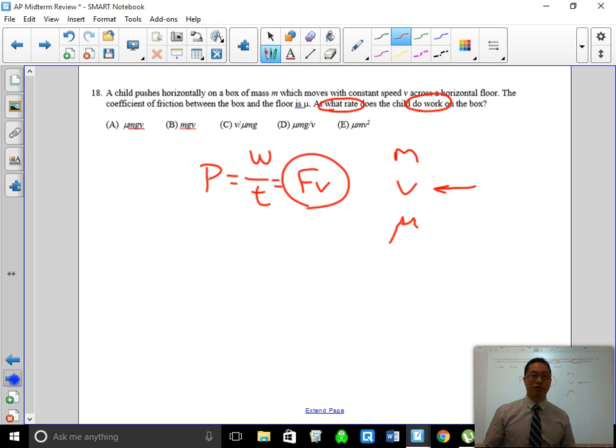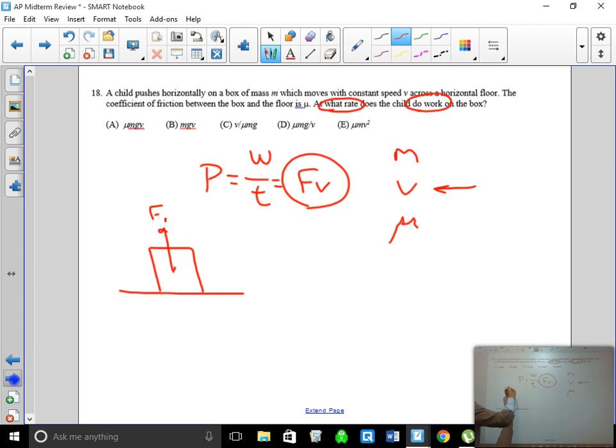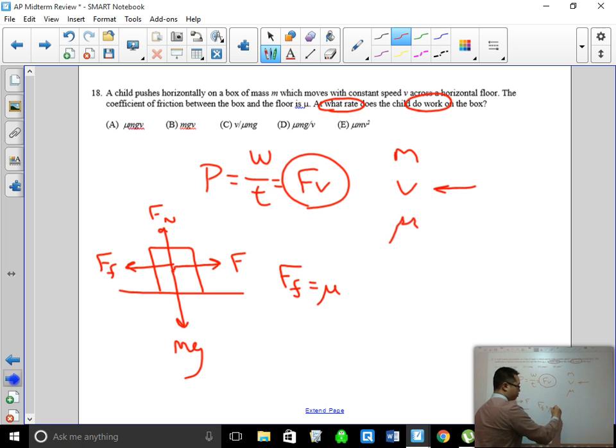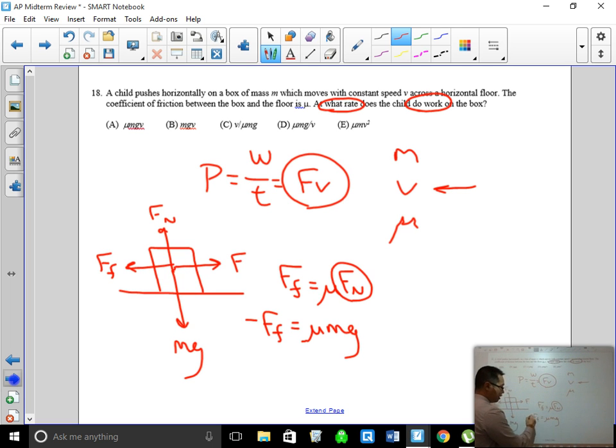But that doesn't look like any of our answer choices. So let's take a look. It's moving at a constant speed, so Fn will equal the weight, and the force going forward will equal the friction going back. And if friction is equal to mu times Fn, Fn is simply the weight, and the force is equal to that.